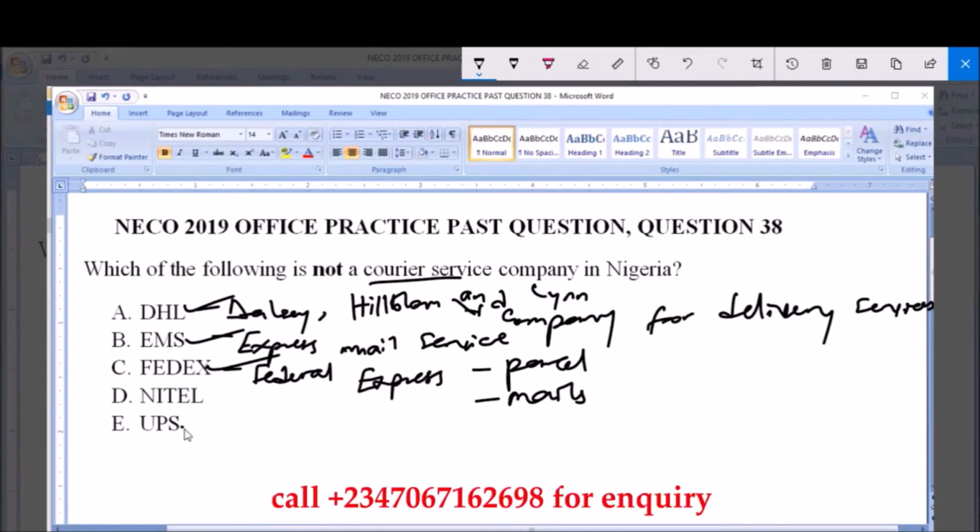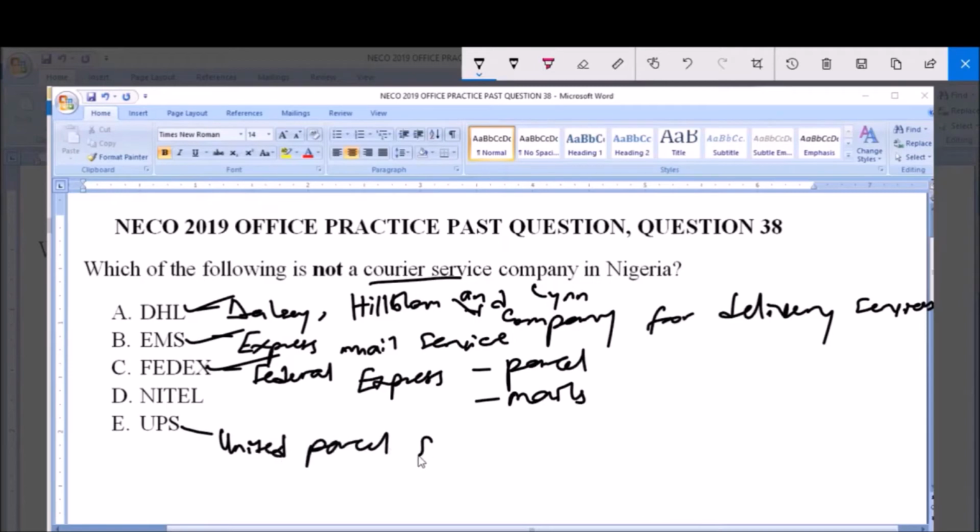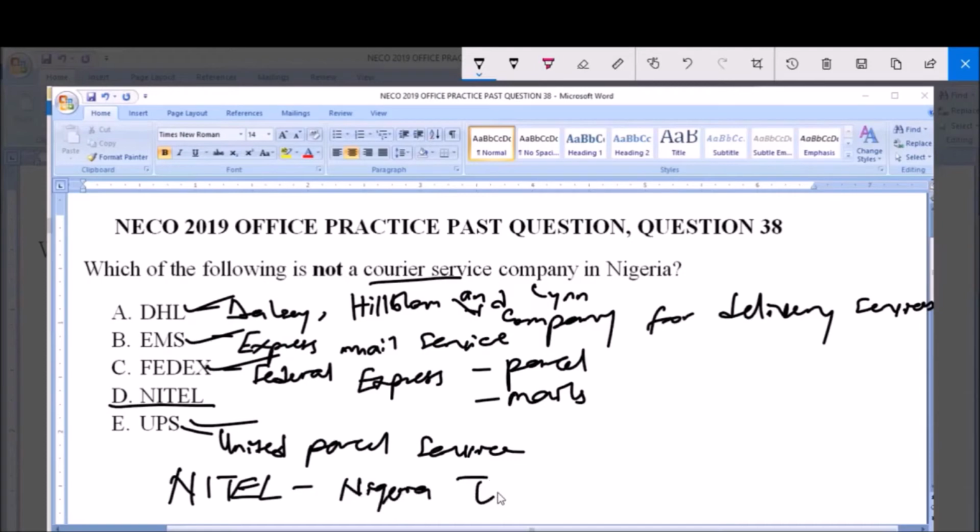And E here says UPS. UPS simply means United Parcel Service, and it's also a delivery service in Nigeria. Then option D here says Nitel. Now, Nitel simply means Nigeria Telecommunication Limited, and these are concerned with telecommunication.